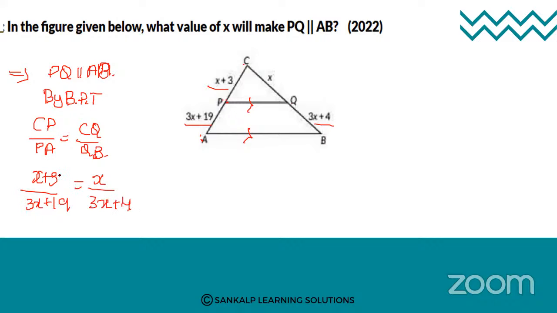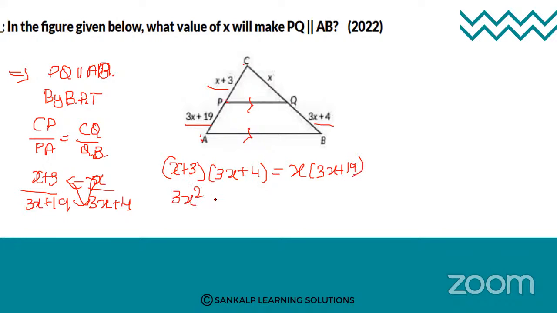Now, transfer this 3x plus 4 to this side and 3x plus 19 to this side. Then x plus 3 into 3x plus 4 is equal to x into 3x plus 19. Now, x into 3x, that is 3x square, x into 4 is 4x, plus 3 into 3x, 9x, plus 3 4s are 12.